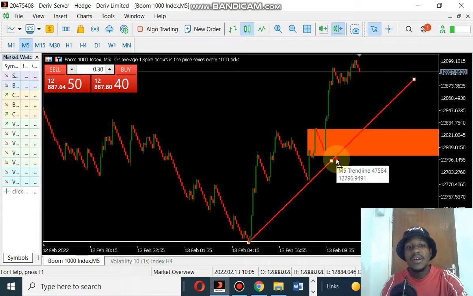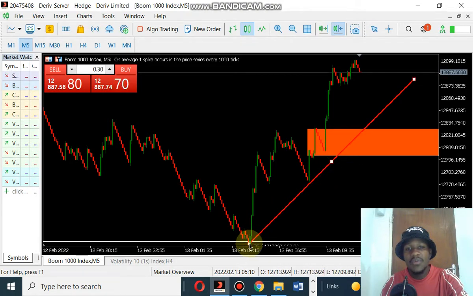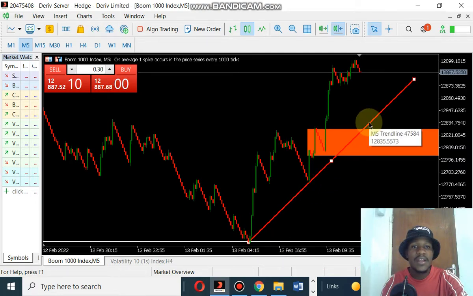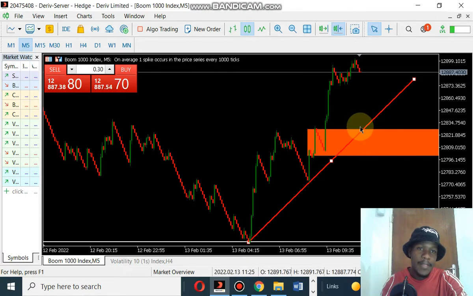You see, I add a trend line. This trend line shows where the price will turn eventually. As soon as the price gets here, or it can even accelerate to here, it will arrive somewhere here. As soon as the price gets here, I know what to do.